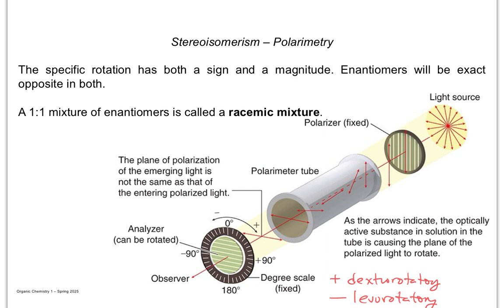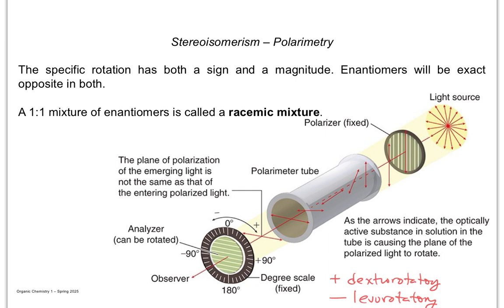The enantiomer, the S, it has to rotate it in the minus direction. So you get a plus, you get a minus, and then you have some number afterwards. That's the magnitude by which that vector moves from its origin. So say this was plus 50, this would have to be minus 50.